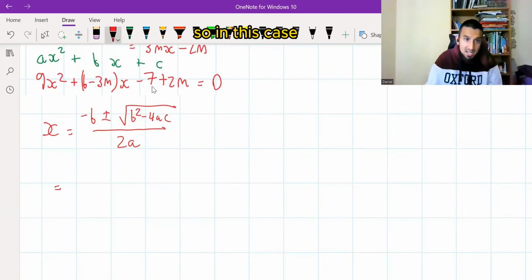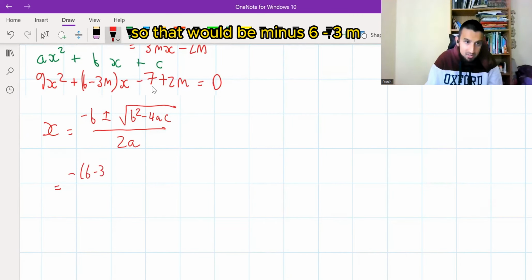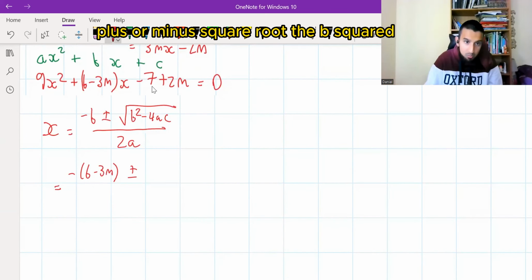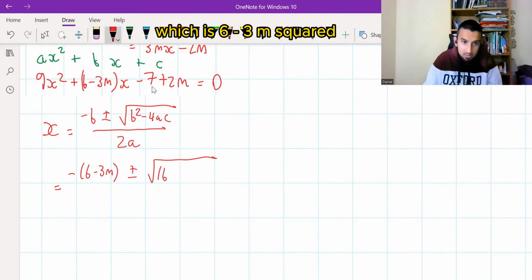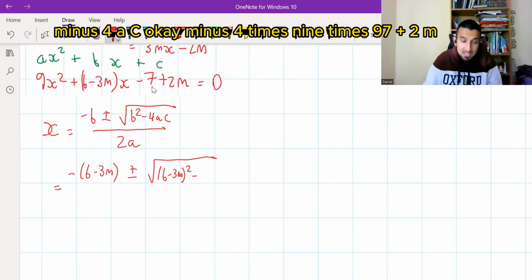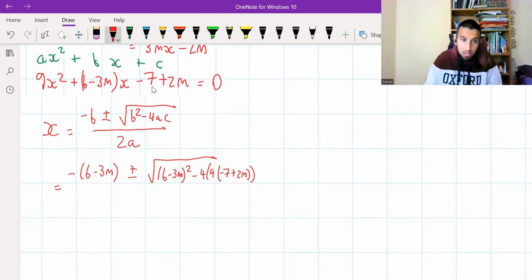Our minus b is minus (6 minus 3m), plus or minus the square root of (6 minus 3m) squared minus 4 times 9 times (minus 7 plus 2m), over 2 times 9.